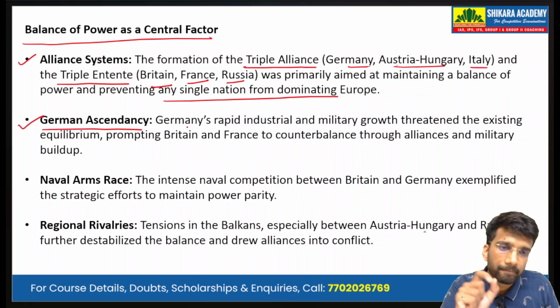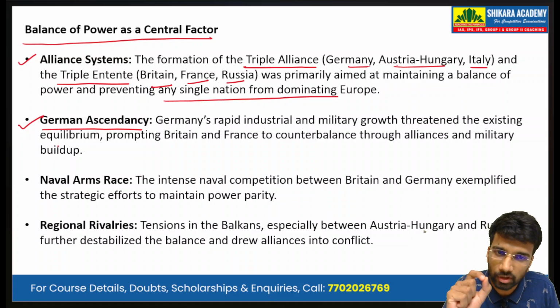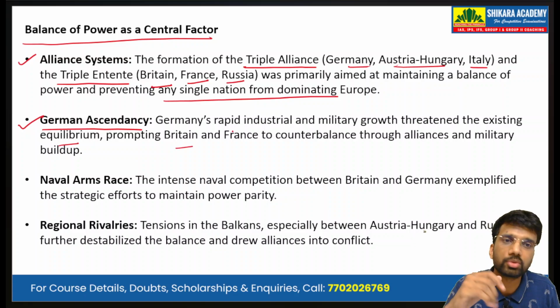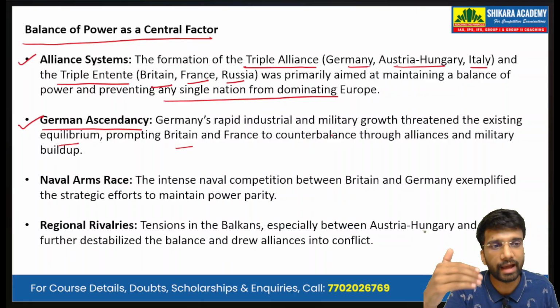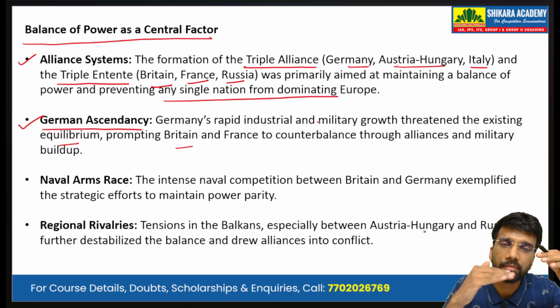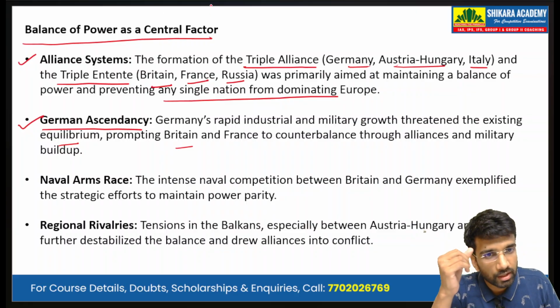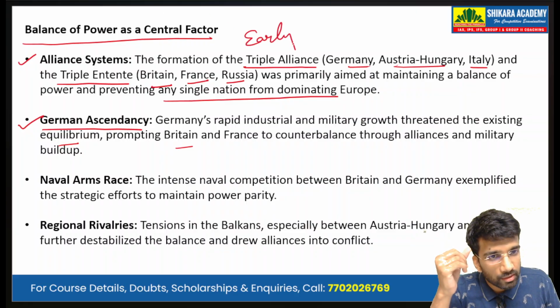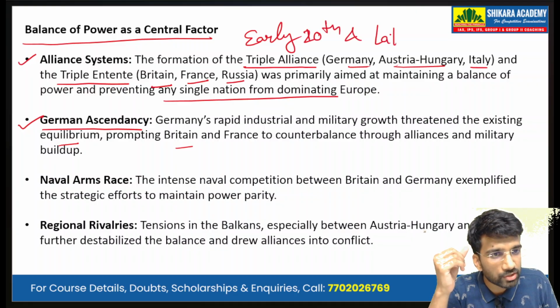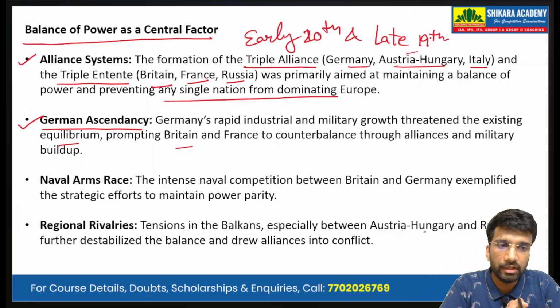German ascendancy. Germany's rapid industrial and military growth threatened the existing equilibrium, prompting Britain and France to counterbalance through alliance formation and through military buildup. So the rapid rise of Germany, with industrial and military growth, in the early 20th century and late 19th century, Germany was developing rapidly and there was military growth also.